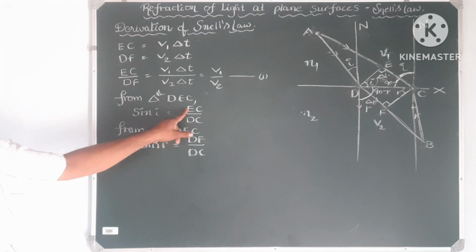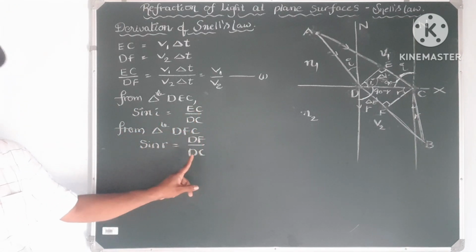So sine of I is equal to EC by DC, and sine of R is equal to DF by DC.